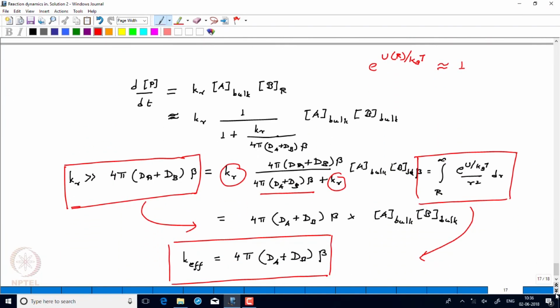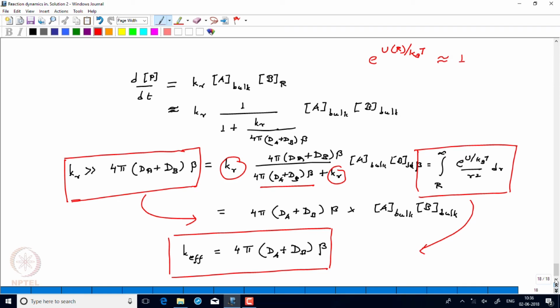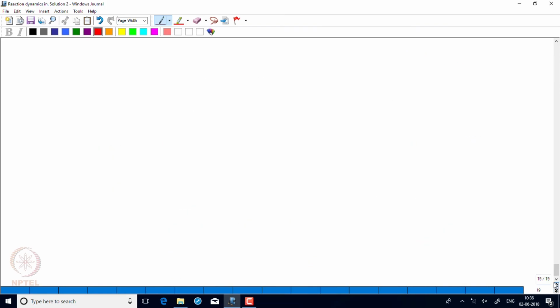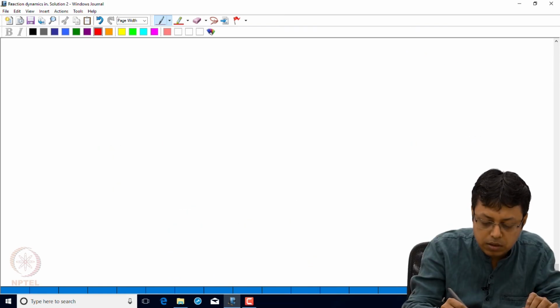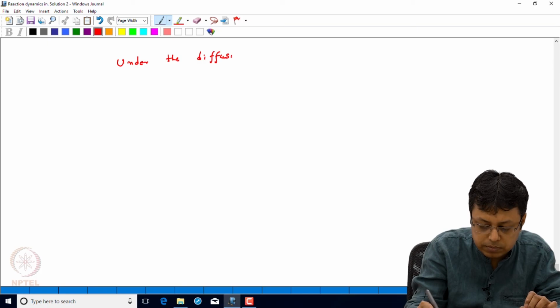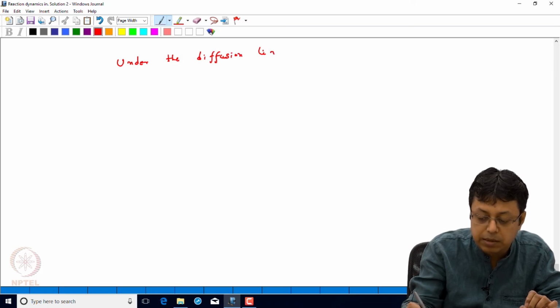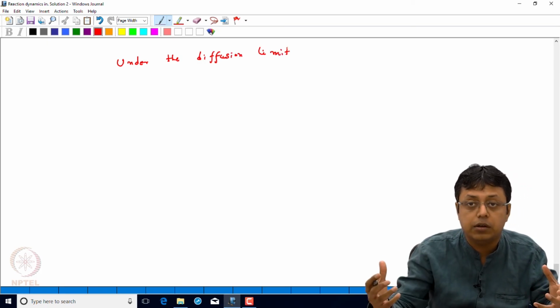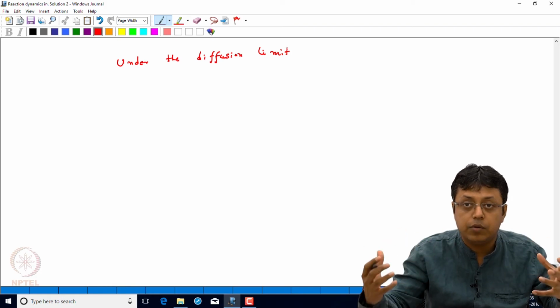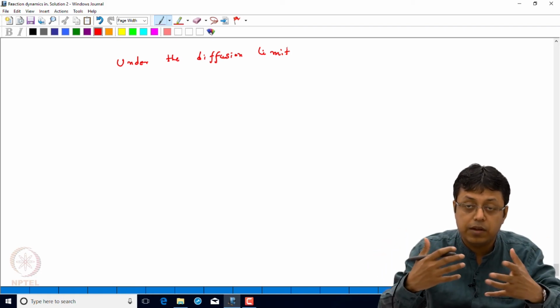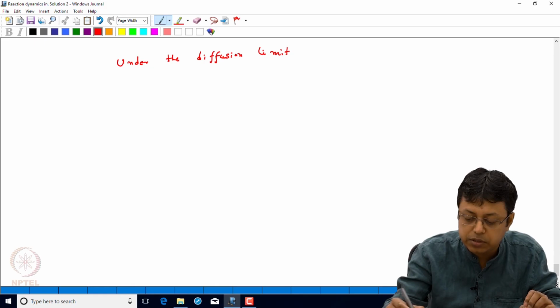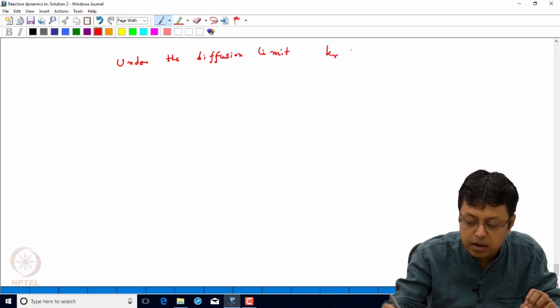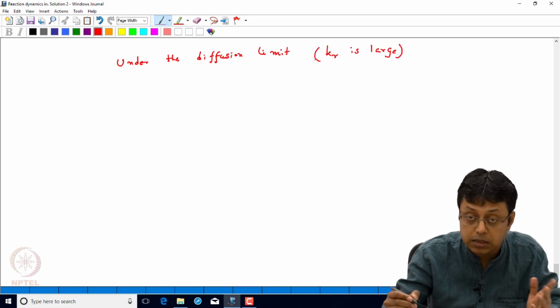So let me just rewrite the two equations. Under the diffusion limit, which means the limiting step is the diffusion of the encounter itself, because every encounter is giving me the reaction, which means that Kr is large compared to the other terms.